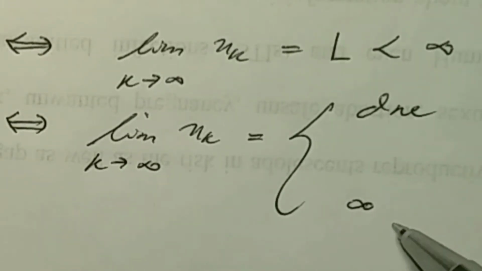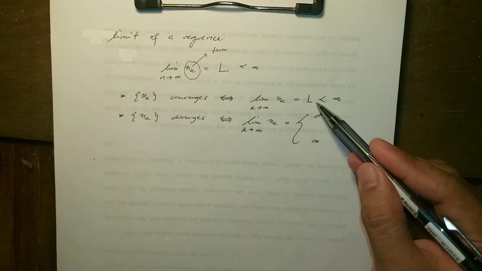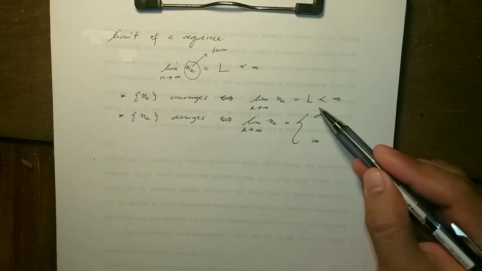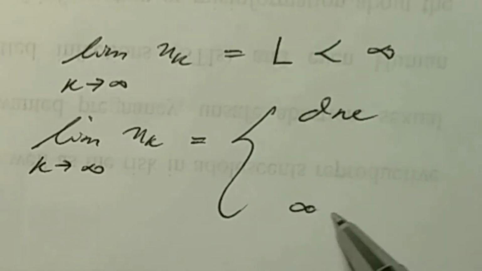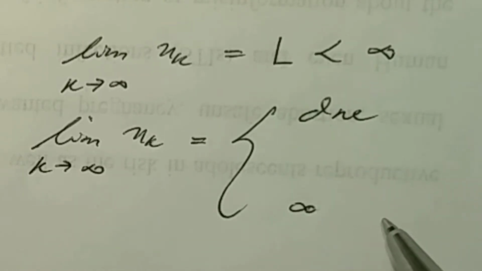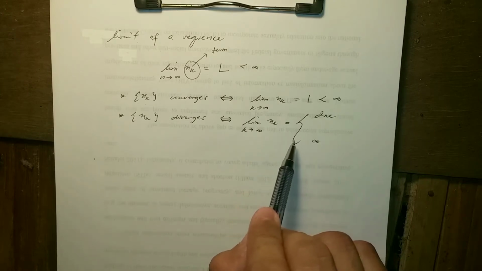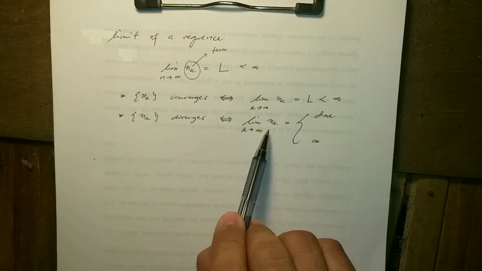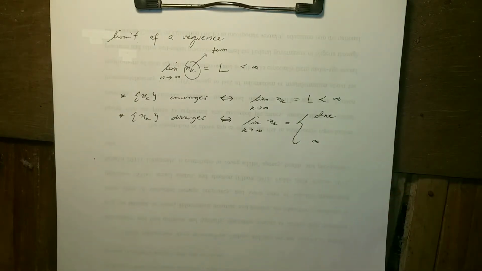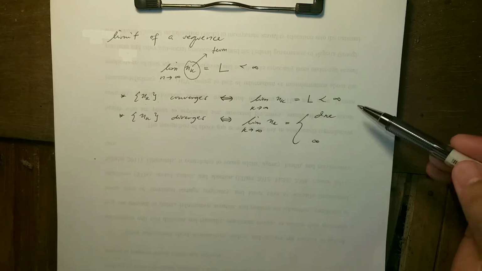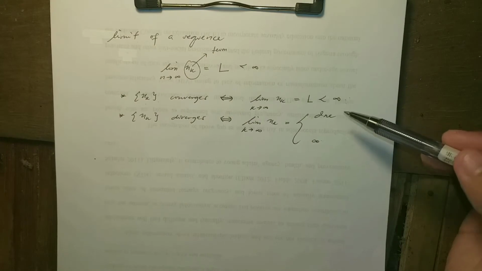If the answer is infinity, this infinity here is different from this. If I write L less than infinity, it means that L is finite, while this infinity, as k goes to infinity, the terms of the sequence get larger and larger. So this infinity here and this infinity here are different.